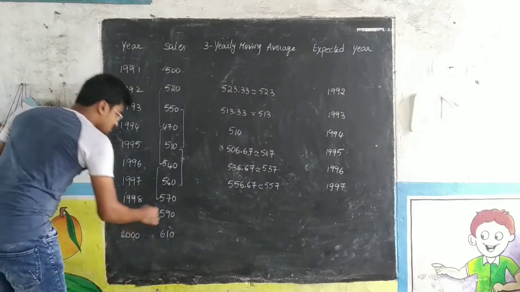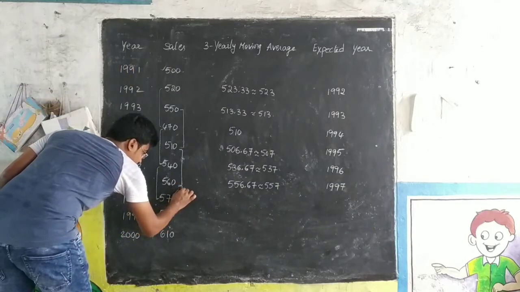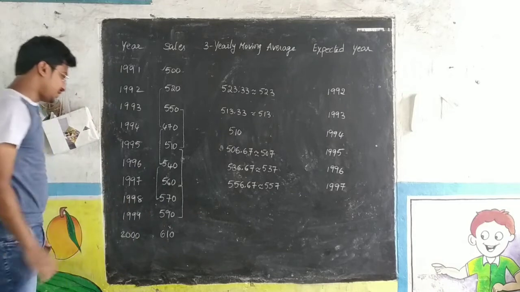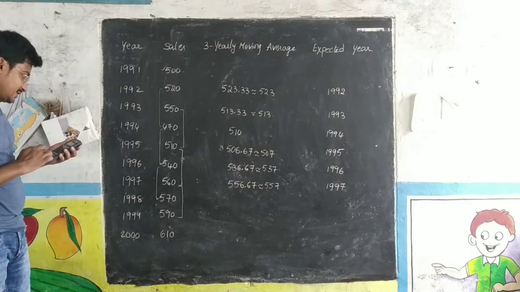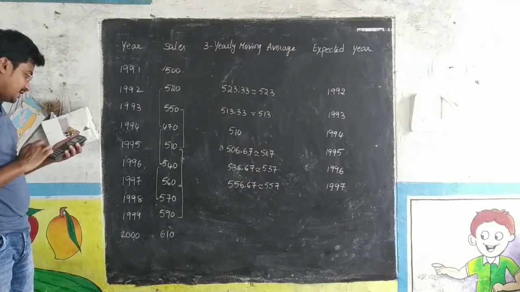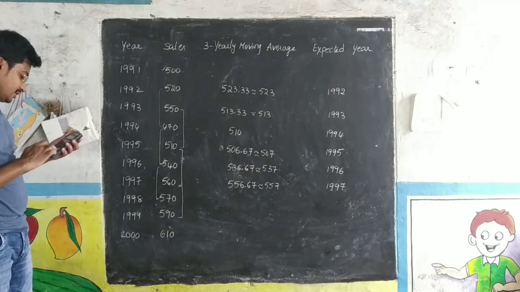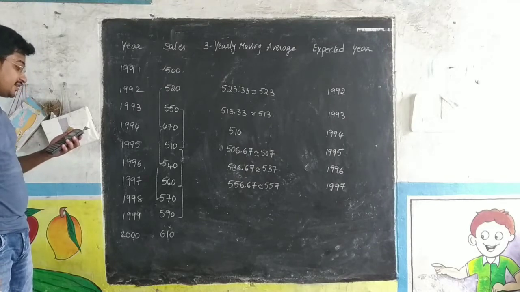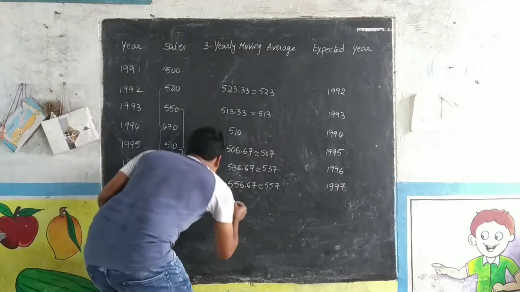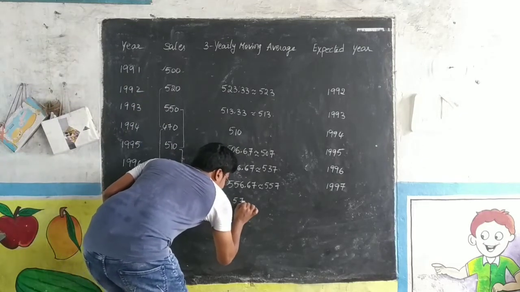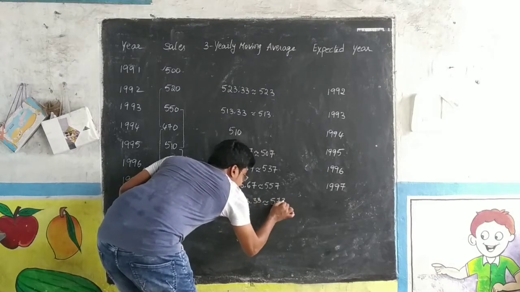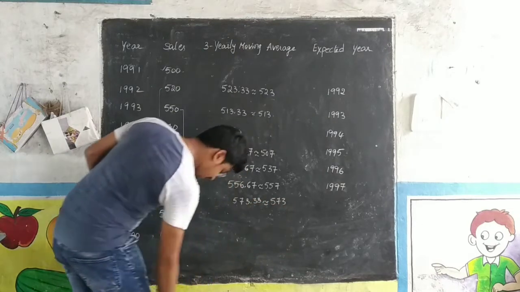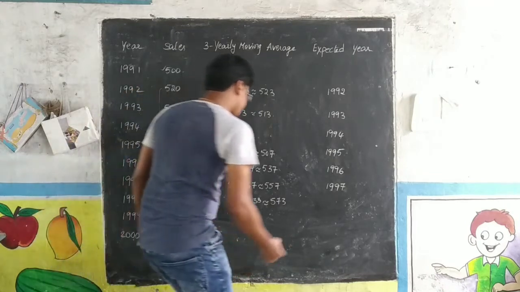Next 3 years. The middle year is 1998. 560 plus 570 plus 590 divided by 3 is 573.33, approximately 573. The year is 1998.